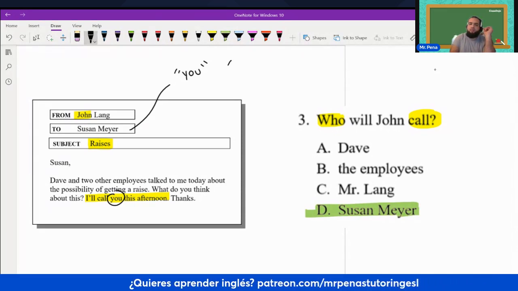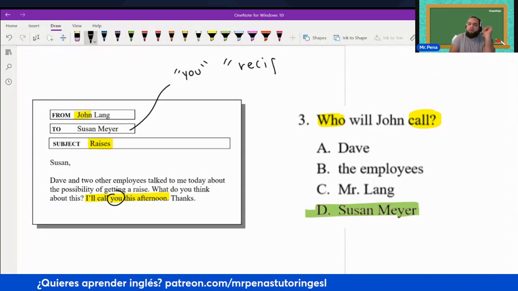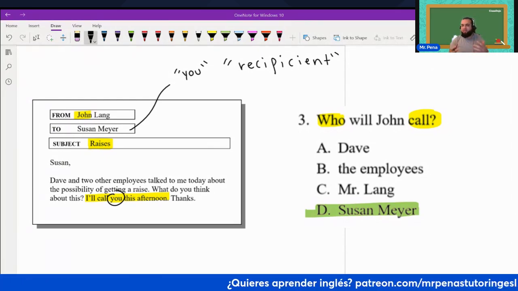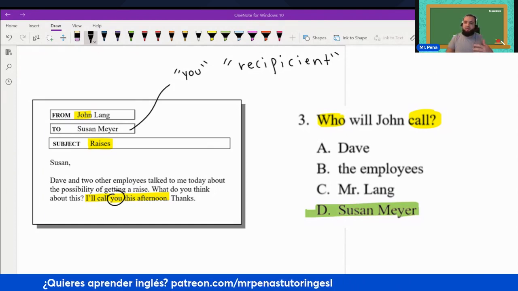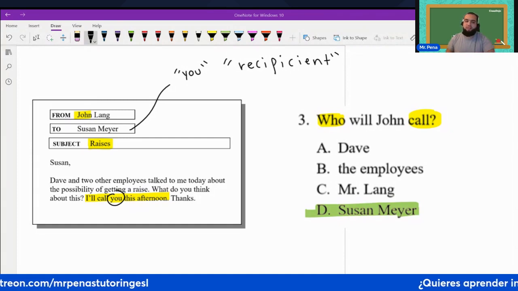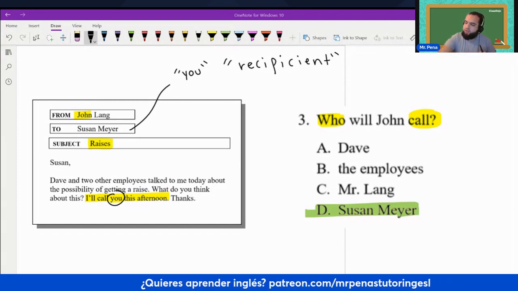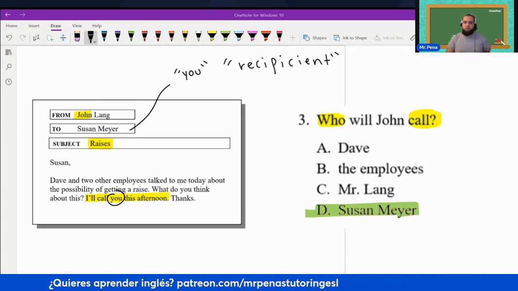We call Susan Meyer the recipient, the one receiving the letter. We don't write letters anymore. The one receiving the email, the electronic mail. We call them the recipient. So number 3 is D. Check, check. Very good. Moving right along.